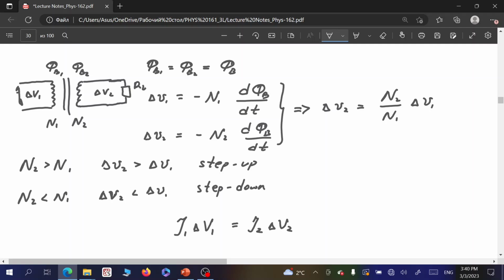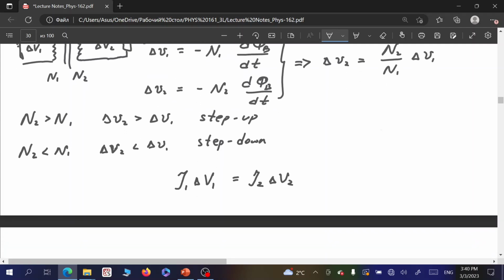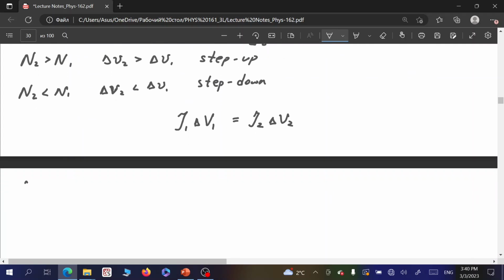And in this case, it's clear how we determine the current in the secondary coil. So I2 is equal to delta V2 over this load resistor, which is attached to the secondary coil, assuming that we neglect the resistance of the secondary coil itself, a kind of internal resistance of the transformer.